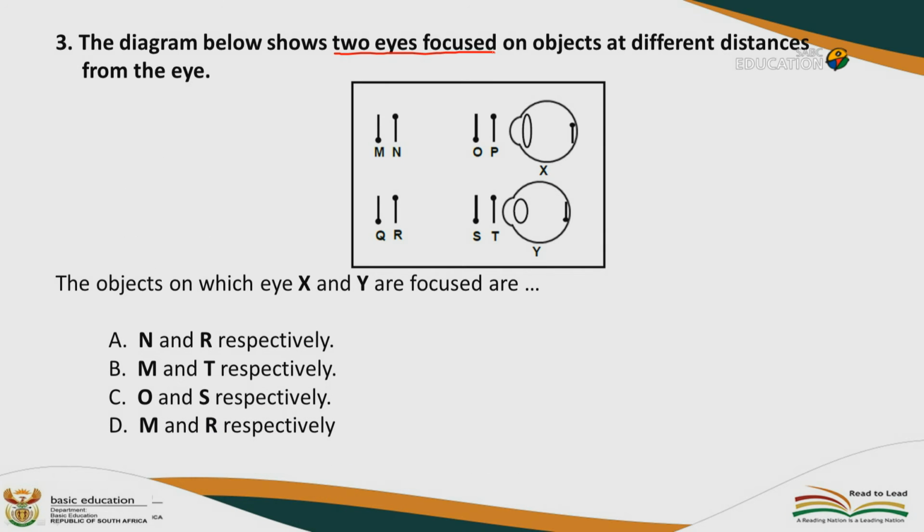The object on which X and Y are focused. So this is X, this is Y. So our answer here will be B.